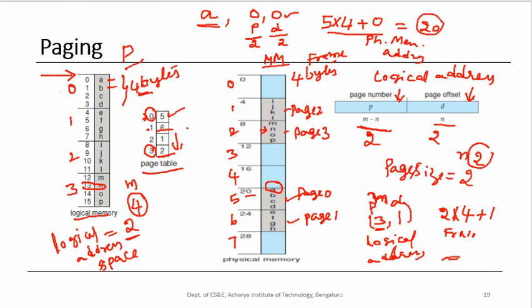So I get 9, 8 plus 1, 9. That is where my n is stored in the main memory. So this is how the access to the main memory locations are made using the logical address and mapping that to the physical address with the help of entries made in the page table.